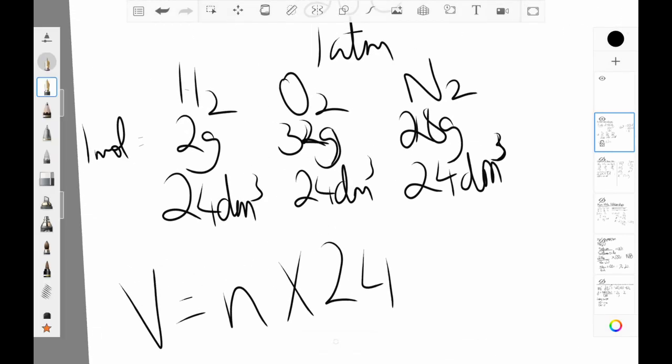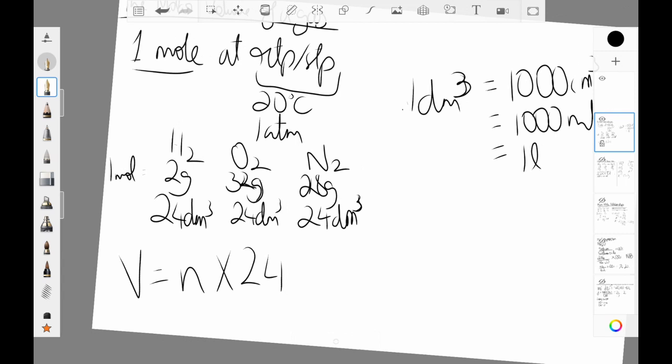So, let's say I have 36 grams of oxygen. I can calculate how many moles that is using N equals M over MR, and then I can just multiply by 24 to get the volume at STP or RTP. And yes, now we're finally done with the molar volume of a gas.